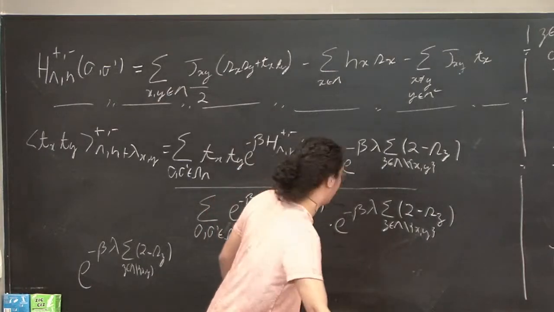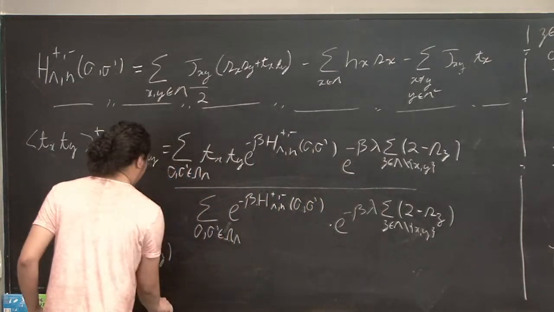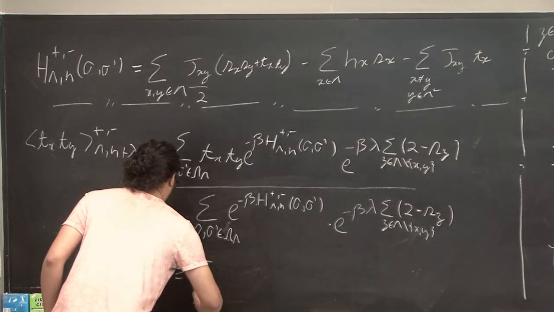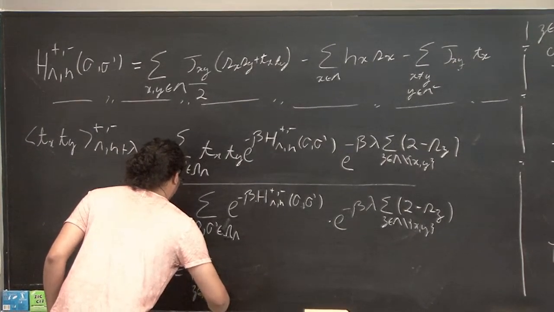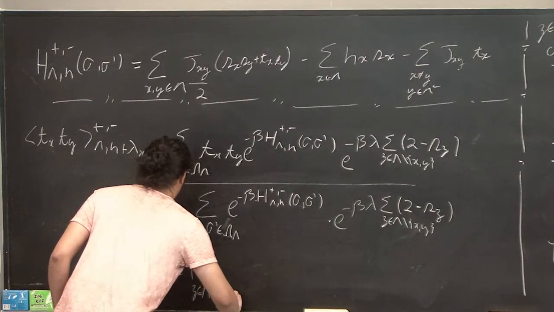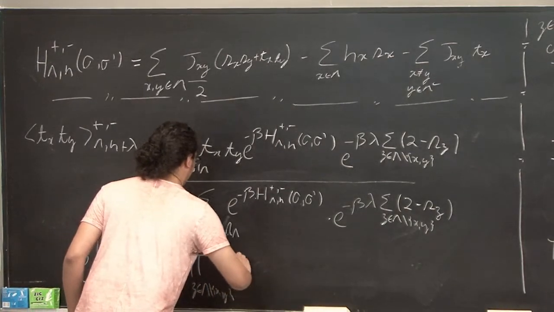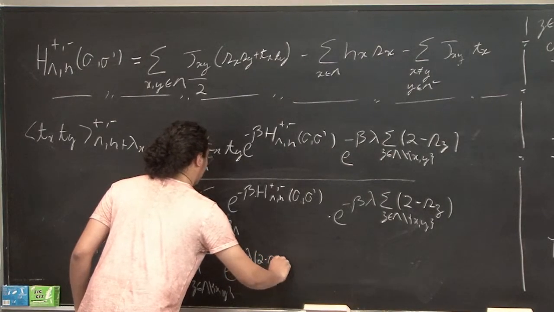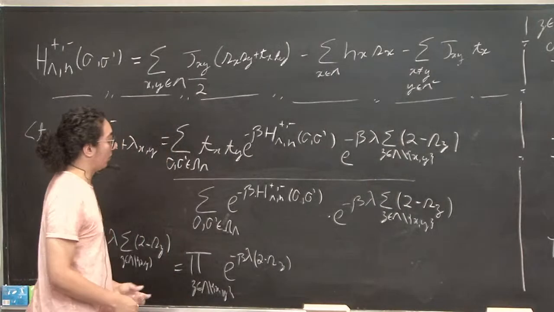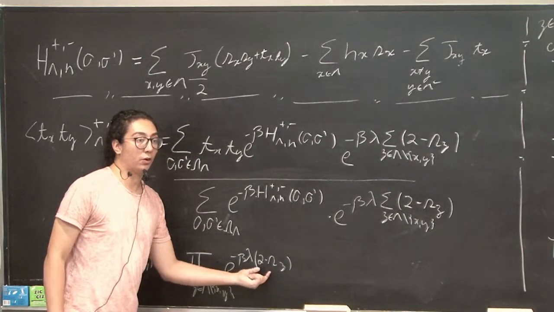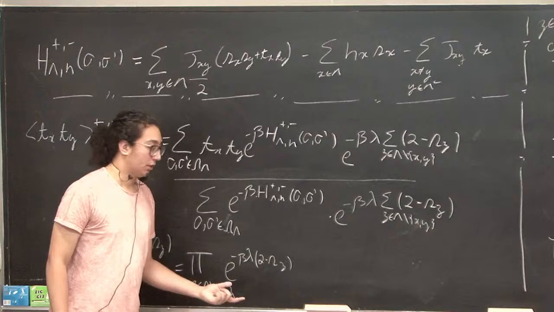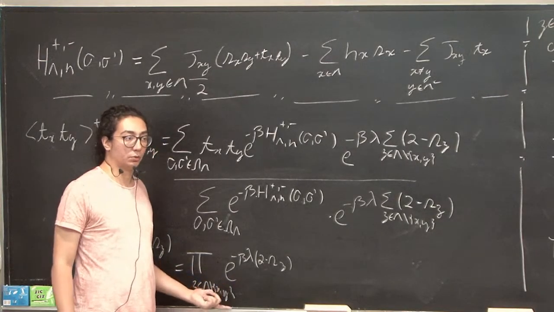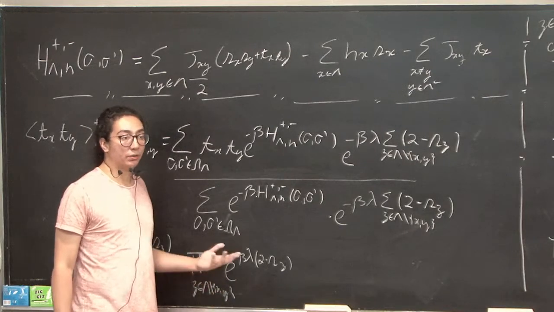Why? Because you can just write this as the product over z in the lattice minus x and y of the exponential term, exponential of minus beta lambda 2 minus s z. So if this thing is not 0 for any site, then all this product is going to converge to 0, because one term converges to 0 and the others are bounded.